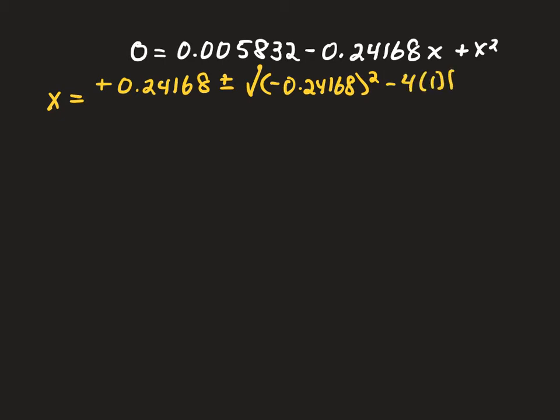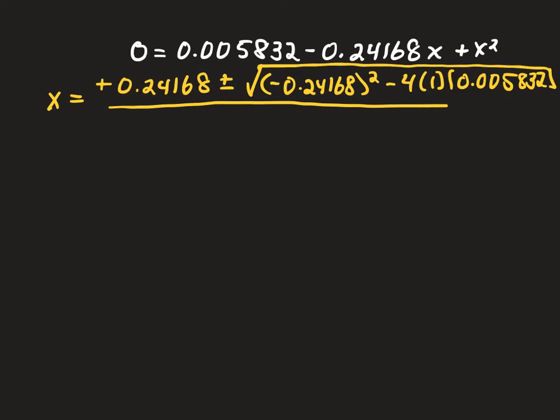A is 1, C is 0.005832. All over 2 times A, that is 1, right?